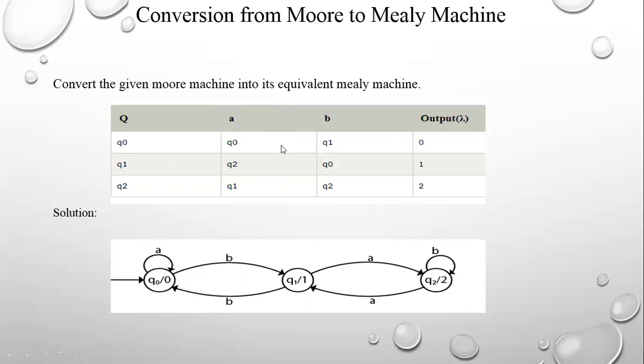Q0 output is 0, Q2 output is 2, and Q1 output is 1. Here with B, Q1 output is 1, Q0 output is 0, and Q2 output is 2. That is the way of construction for a Mealy machine.